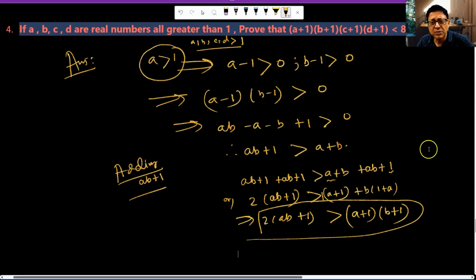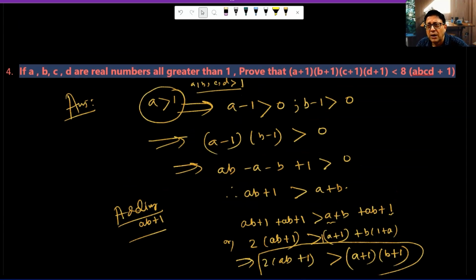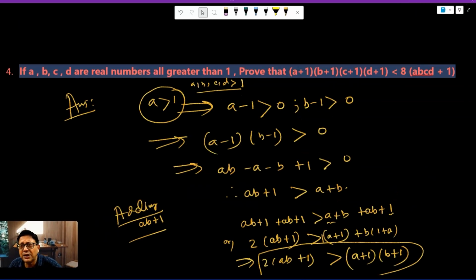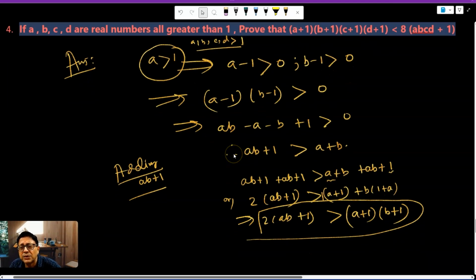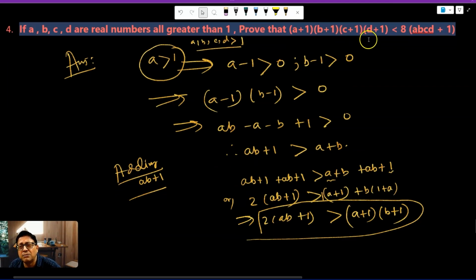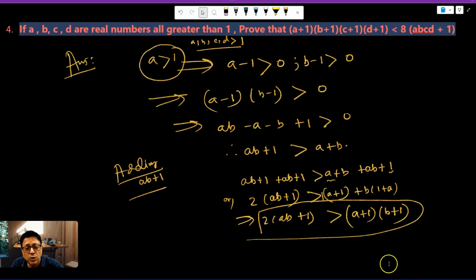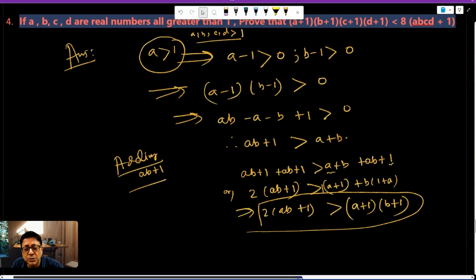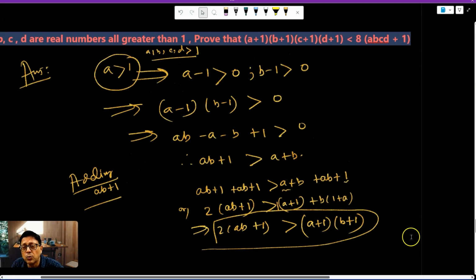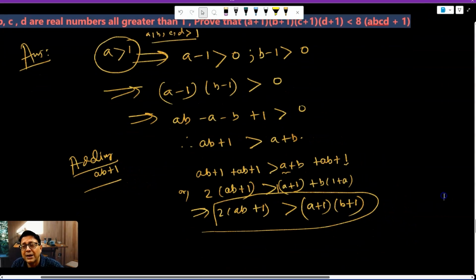Do you see something over there? Have we done it already? Check once. A plus 1, B plus 1, left hand side, many more are there. But here it is twice AB plus 1. Okay? So we have got it for two expressions only. Two more are there. Let us try with C and D.